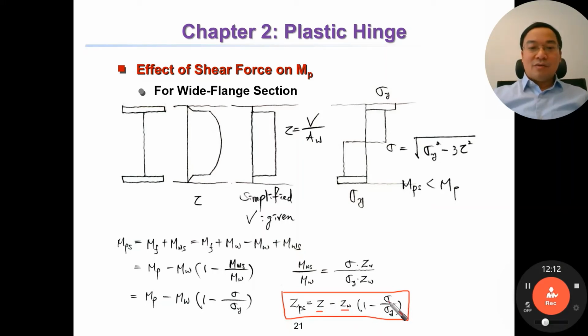It is the function of sigma over sigma y, and sigma can be calculated by using this equation as a function of sigma y and tau. And tau is V over Aw.